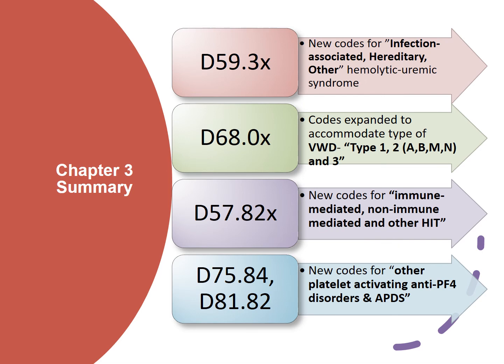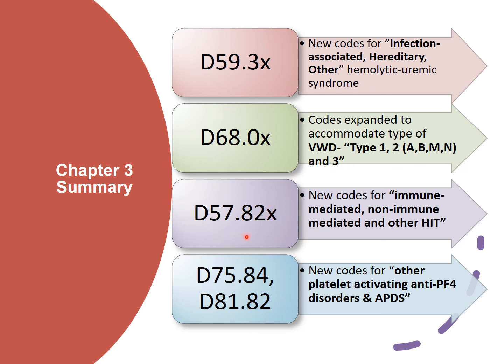Just before ending this video, we will revise the codes once. D59.3, that is hemolytic uremic syndrome. New codes are created for infection associated, hereditary and other hemolytic uremic syndrome. D68.0, this is VWD. Codes expanded to accommodate the types of VWD, that is type 1, type 2A, 2B, 2M, 2N and type 3.